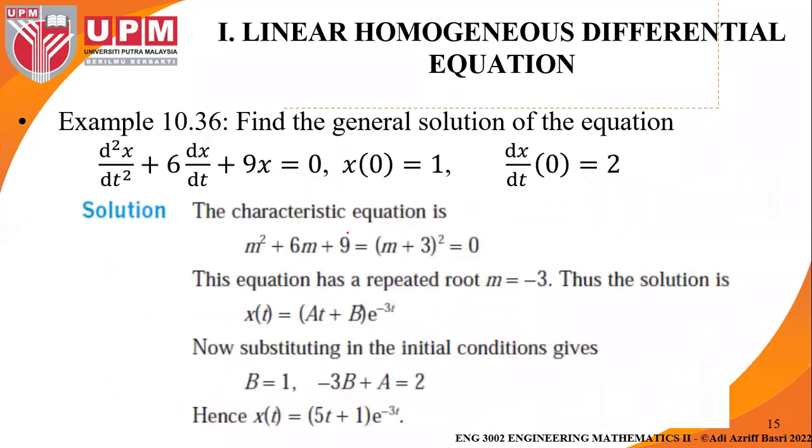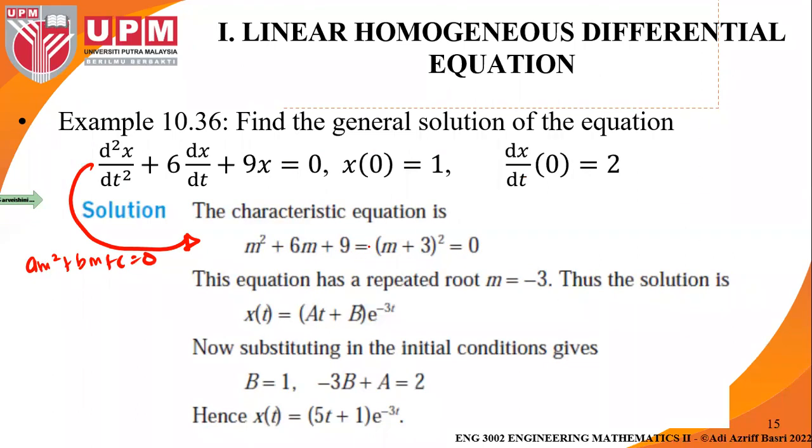Okay, for the next example, we find the general solution of this one. So first we need to change it into these terms: am square plus bm plus c equal to 0. So your a is 1, so you have m square plus 6m plus 9 equal to 0.